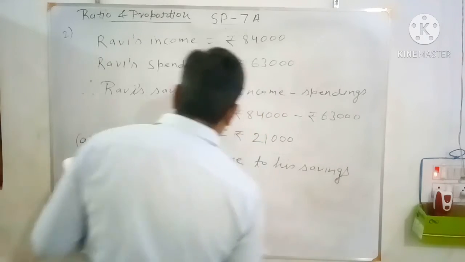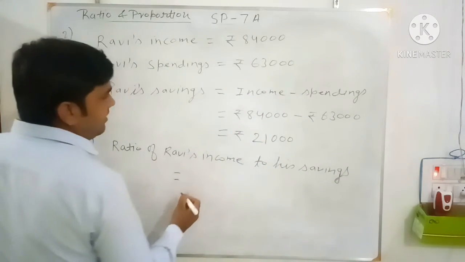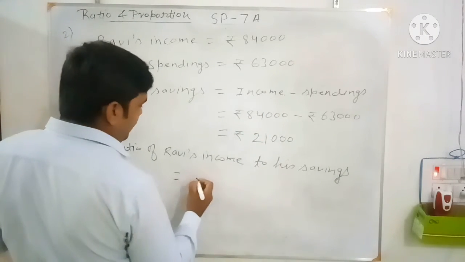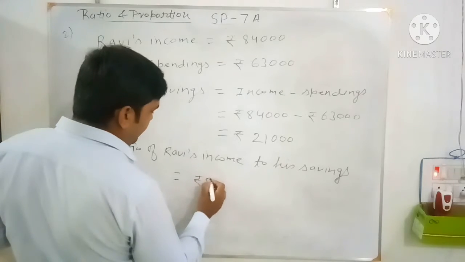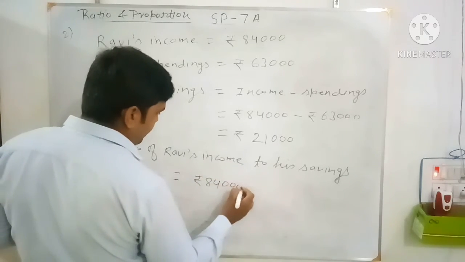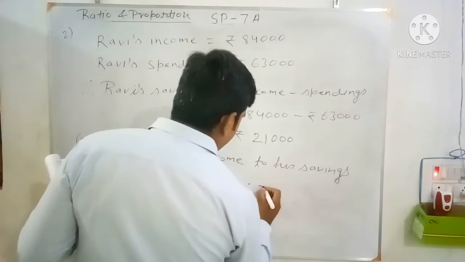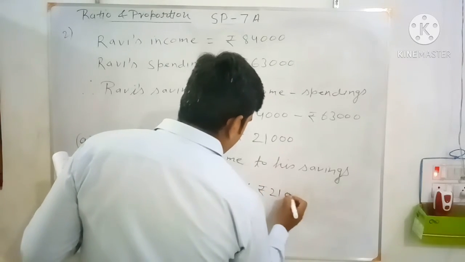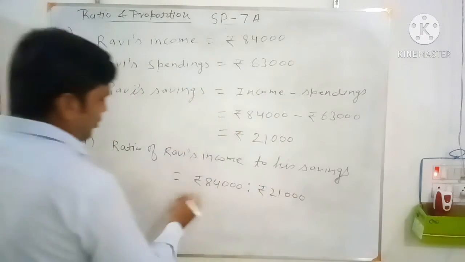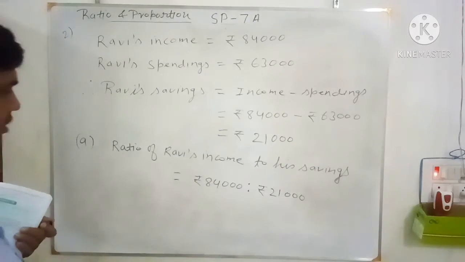So we have to find the ratio of Ravi's income to his savings. Ravi's income is 84,000 rupees and Ravi's saving is rupees 21,000. Now since both are rupees, units are same, so we can find the ratio.